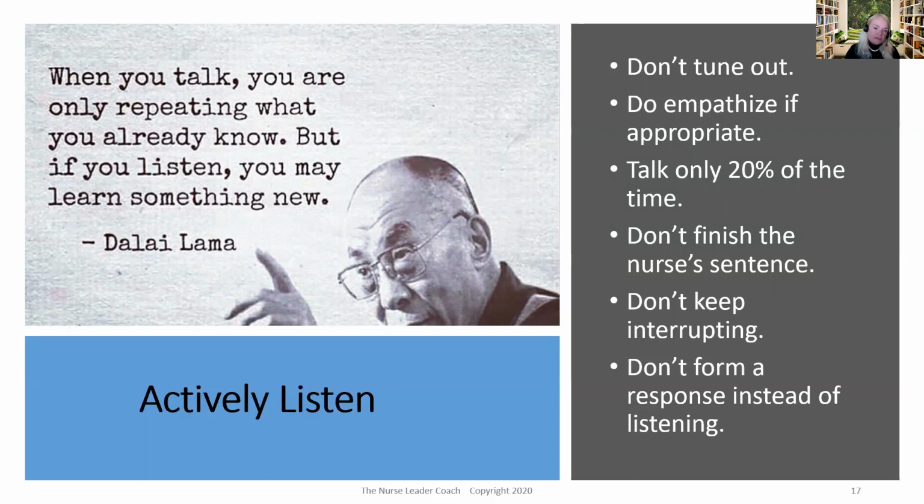Nurse leaders often say to me, what do I do when I have a staff member come into my office and they want to talk to me, and they sit down and they're in the midst of telling me this really long story, and they're just not getting to the point. And so I find myself interrupting, cutting them off.